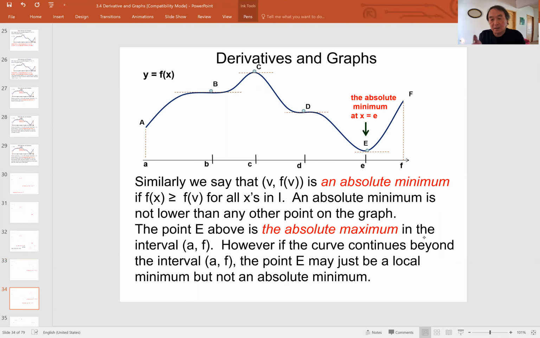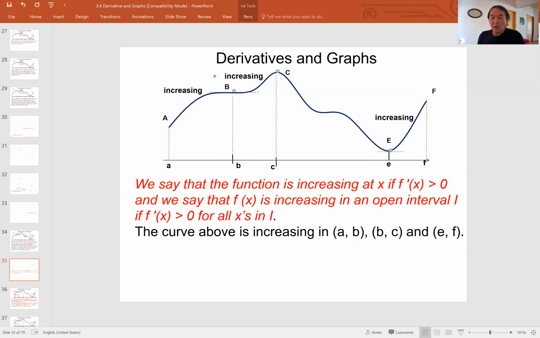The point about this is that for the absolute maximum and absolute minimum of differentiable functions, the derivative at those points must be 0. However, you can see in the pictures there are points where the derivative is 0, but they are neither maximal nor minimal. We'll get to that shortly.